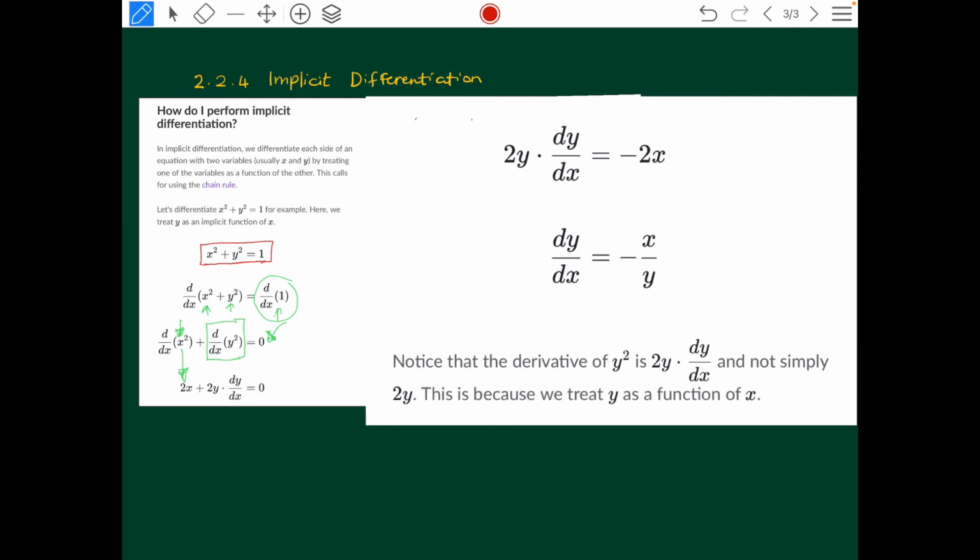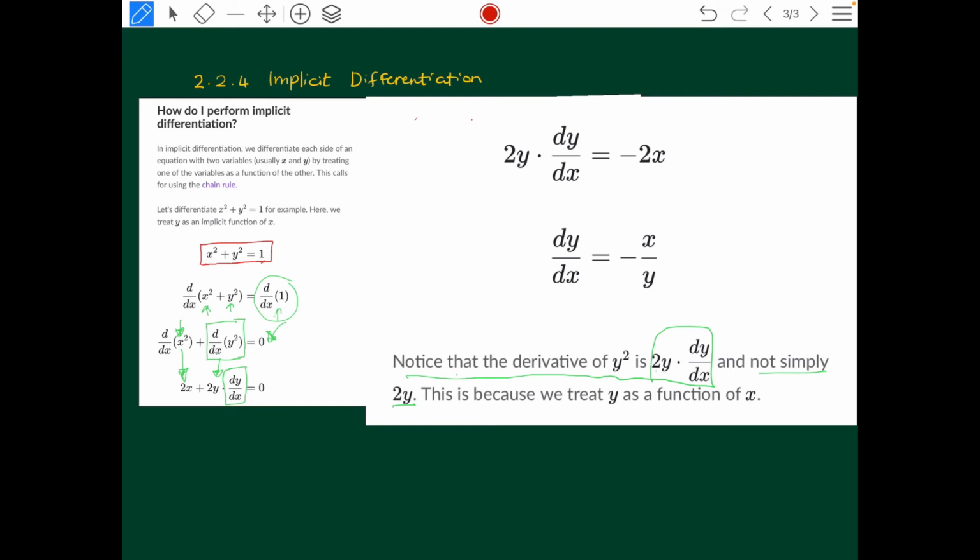Similarly, you get 2y, but you need the dy over dx. Notice that the derivative of y squared is 2y times dy/dx, and not simply 2y.